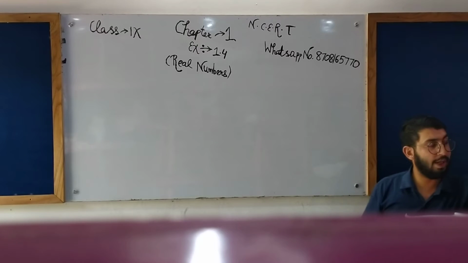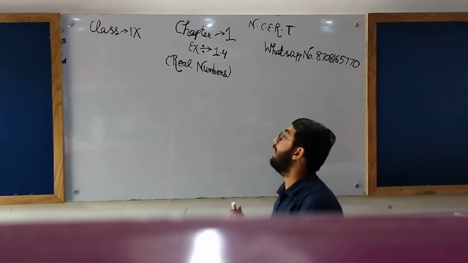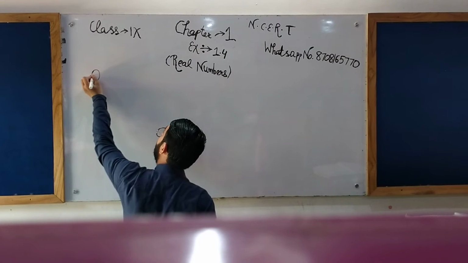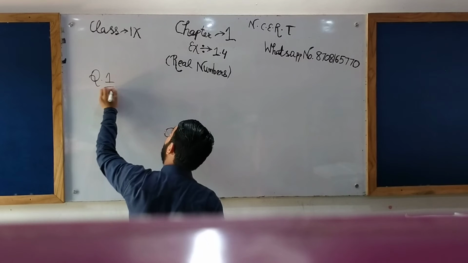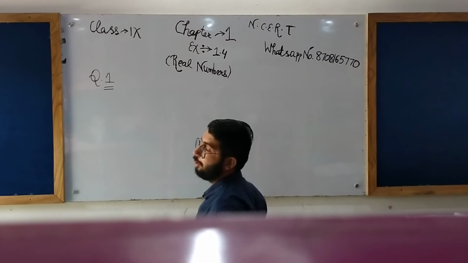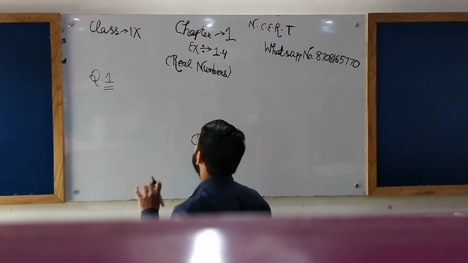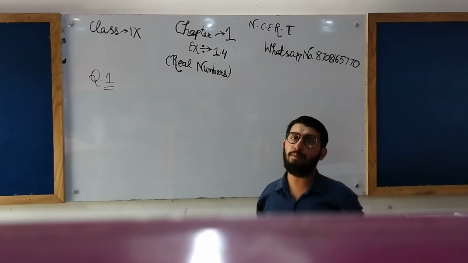We are going to visualize 3.765. We are on question number 1 of exercise 1.4, of chapter number 1 of class 9. The name of the chapter is real numbers.